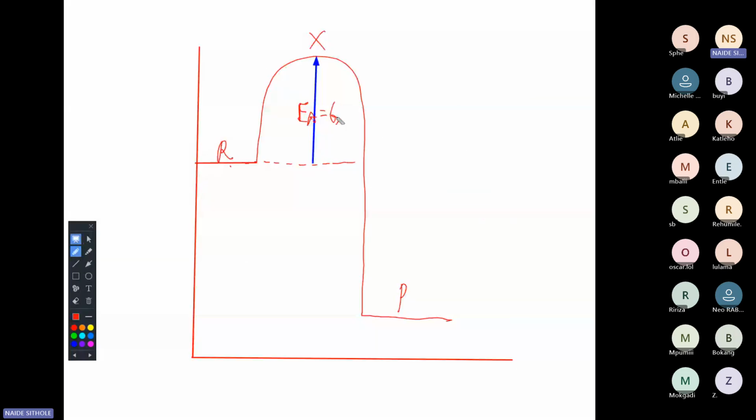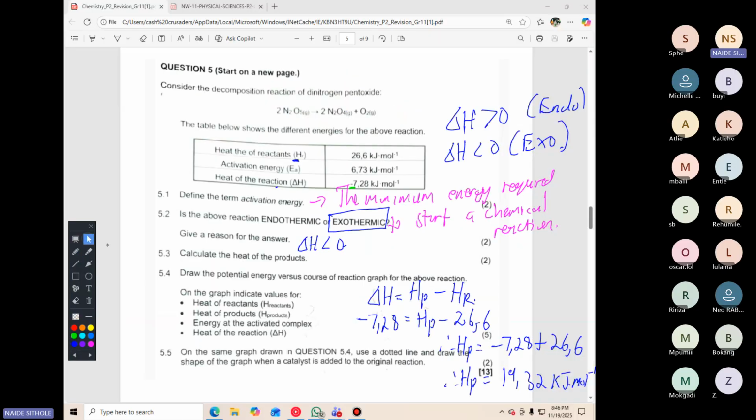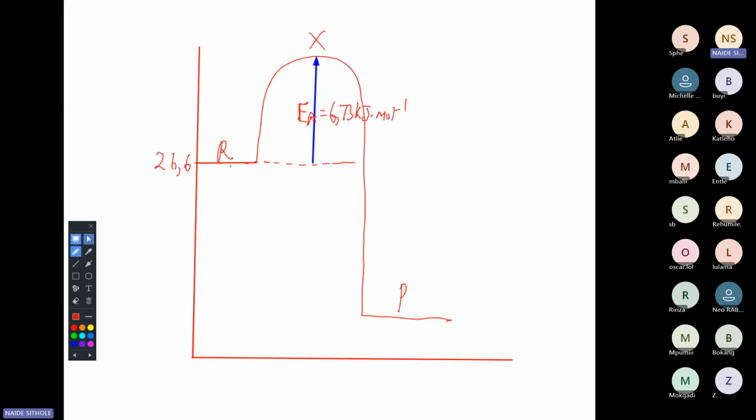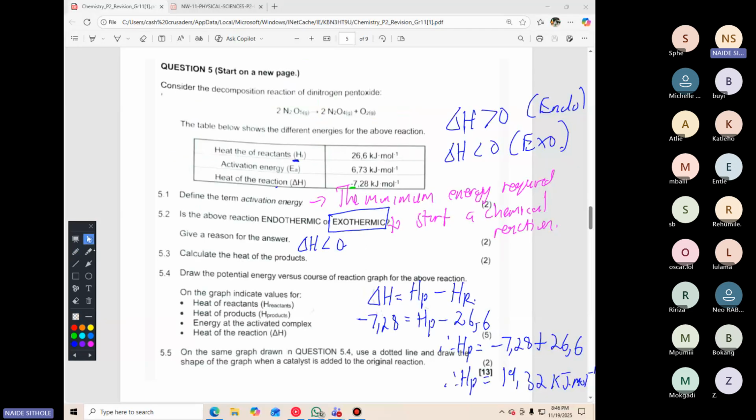6.73 kilojoules per mole. Okay, then what is the heat of the reactants? 26.6. What is the heat of the product? Let's do a calculator. 19.32.